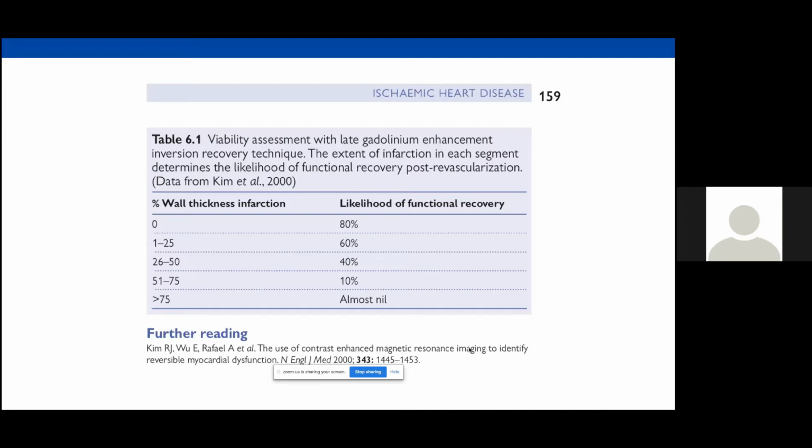It shows here that once a myocardial segment is not viable, which is when it has more than 50% scar or infarct thickness, the likelihood of functional recovery is about 10% or less. And obviously, if the scar thickness is less than 50%, the myocardium is viable, and the chance of functional recovery is so much better.